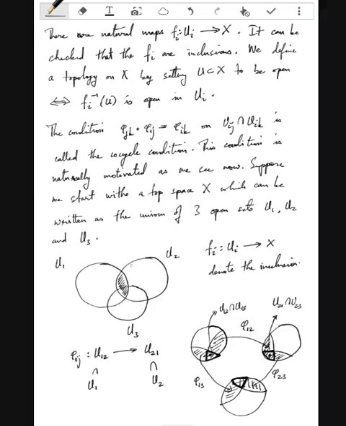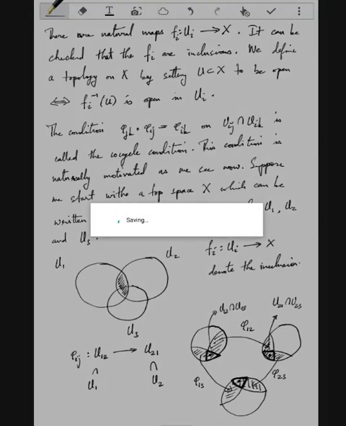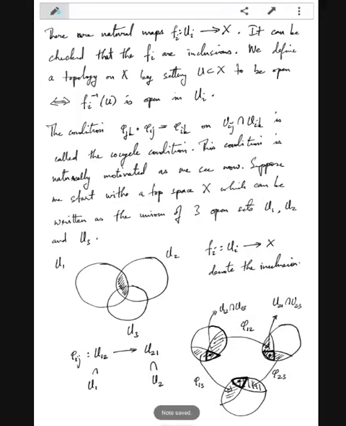In this particular case, all these maps are identity maps. So this point gets mapped to this point, and this point gets mapped to this point here. And obviously, under phi13, this point should get mapped to this point. So the cocycle condition is very naturally motivated. That's all that I want to say about this right now.